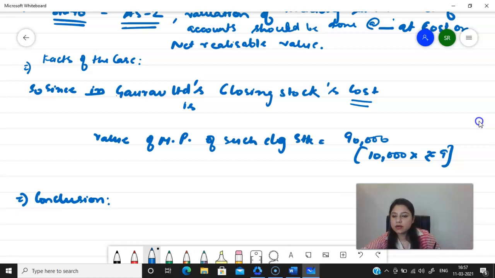You can note it down: since the net realizable value of the closing stock of Gaurav Limited is rupees 90,000, which is less than the cost price of such closing stock, therefore as per Accounting Standard 2.